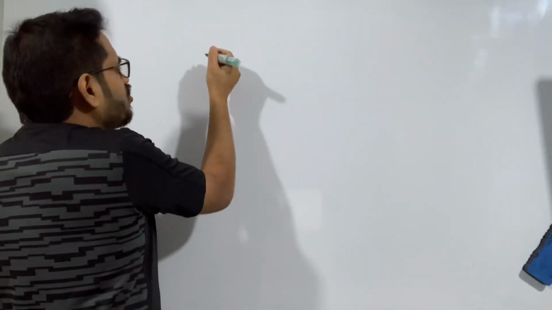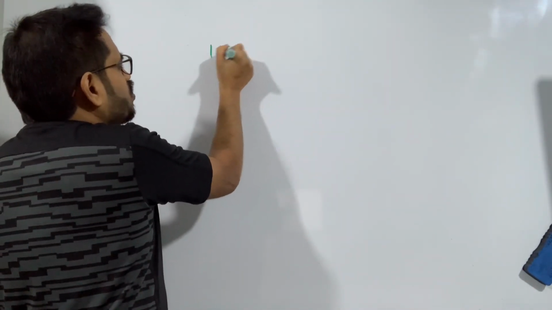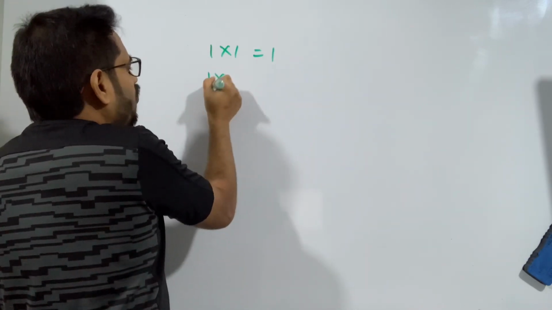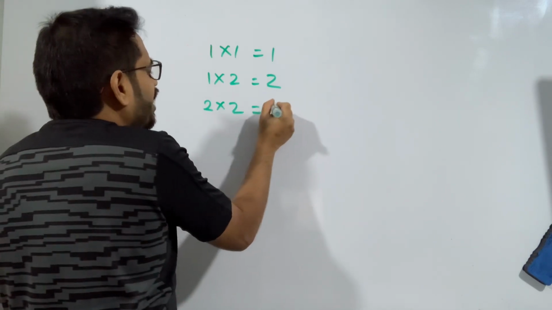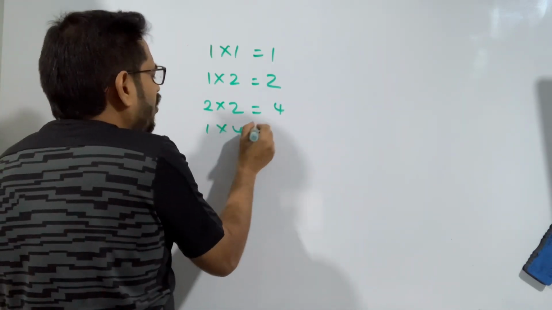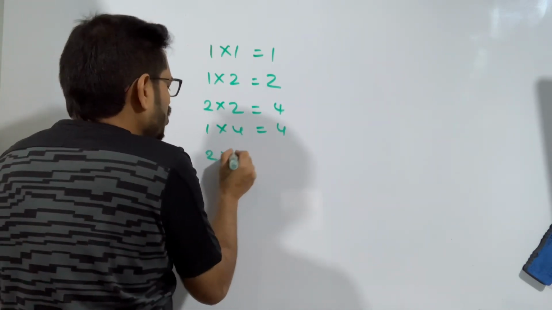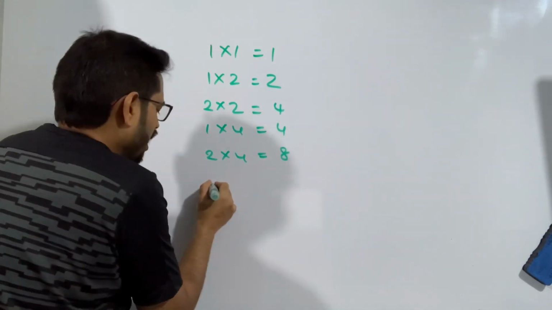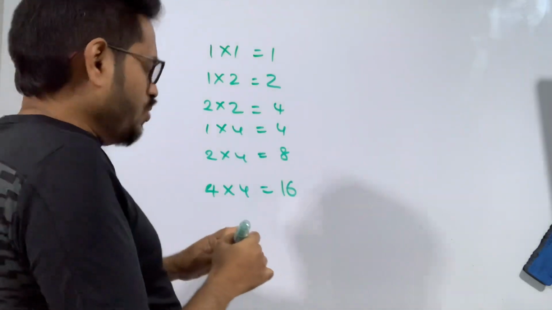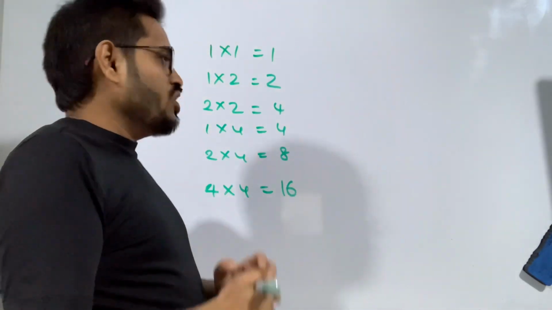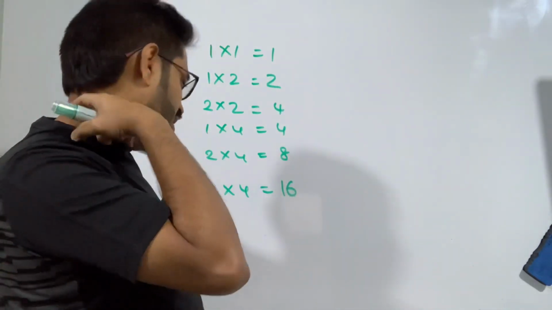If there is 1 cross 1, 1 is there, 1 cross 2, 2 is there, 2 cross 2, we can get 4, 1 cross 4, 4 is there, 2 cross 4, 8 is there, and 4 cross 4, 16 is there. So most of the dihybrid ratios will be given in these categories.